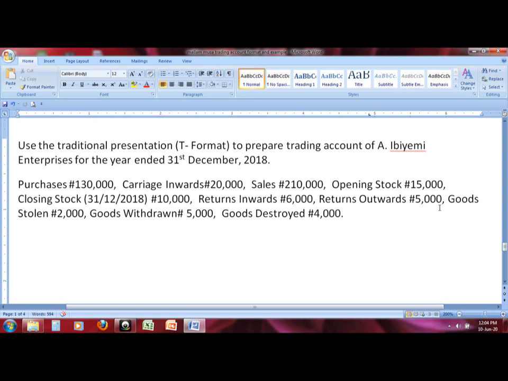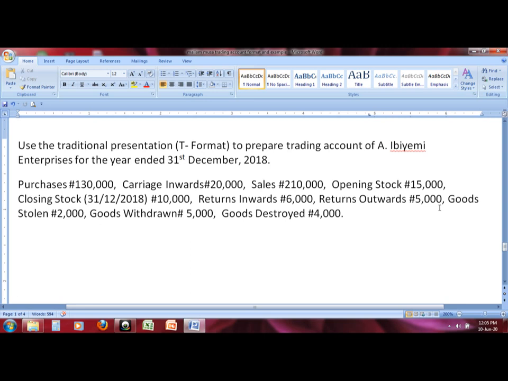You are going to have your purchases, your sales, your return outward, your return inward, your goods destroyed, goods withdrawn. And then at the end of the whole lesson, you are going to have your closing stock. If you are asked to prepare trading account and there is nothing like opening stock, please, my dear students, do not bother yourself. It is not stock that we open, it is purchase that we open our trading account.